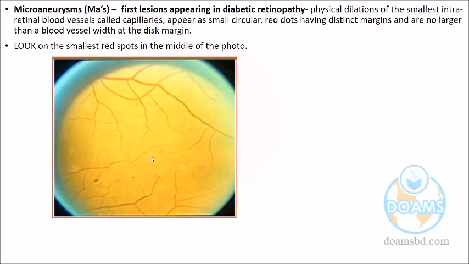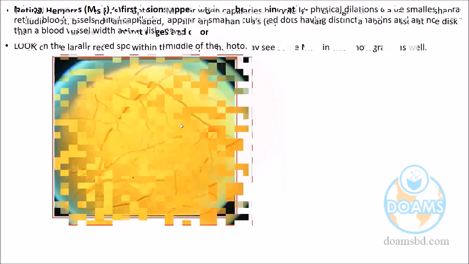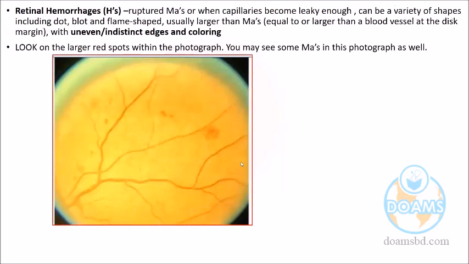This is microaneurysm. If the aneurysmal vessels rupture, they produce dot and blot hemorrhage. Can you see any dot and blot hemorrhage? Yes, sir. These are the dot and blot hemorrhages. These are the initial picture of diabetic retinopathy.